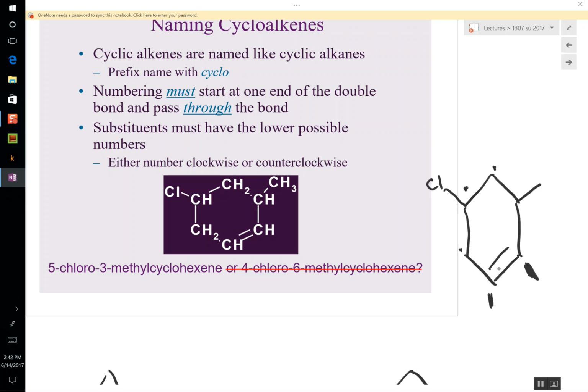So you want to start counting. Oh, wait a minute here. 1, 2, 3, 4, 5. Yeah, you got to pass through the double bond. So I do have to start here, but I need to go in that direction. 1, 2.